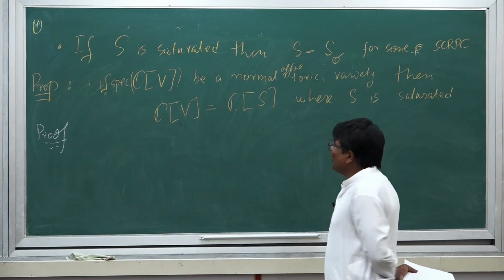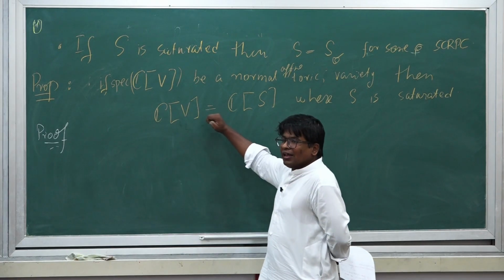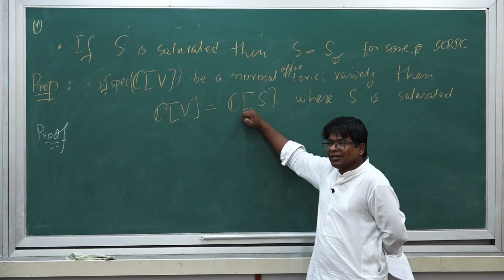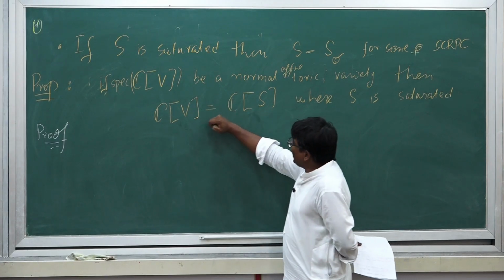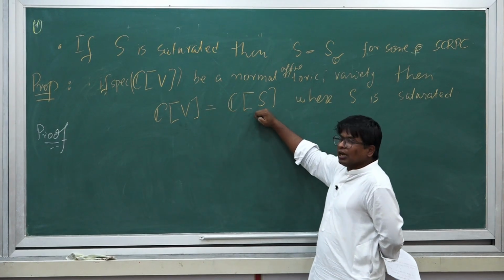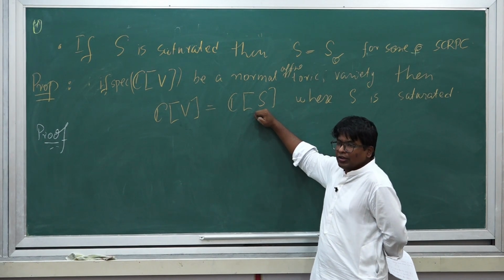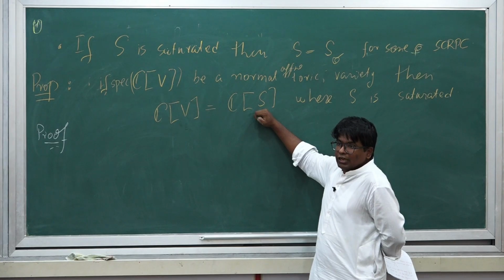Okay, so the thing is this: if you have a normal toric variety, then all affine toric varieties come as the Spec of some affine semigroup algebra, right?